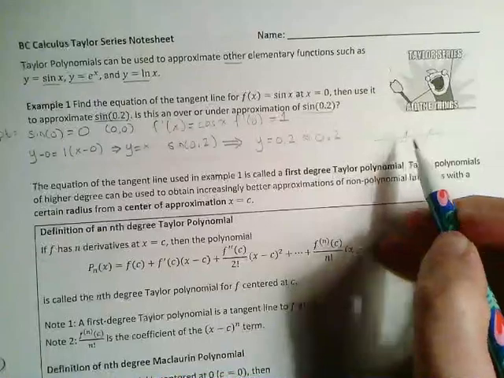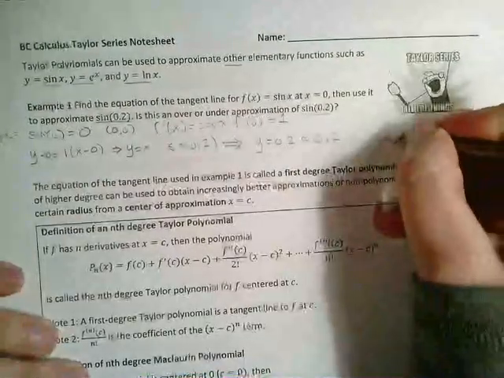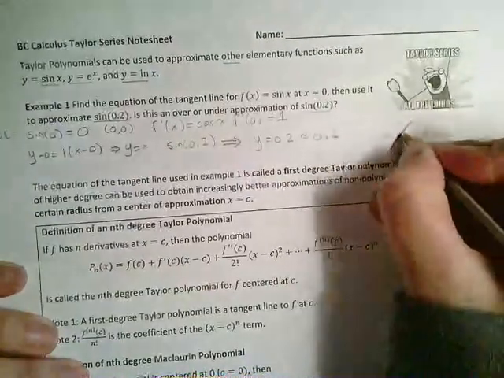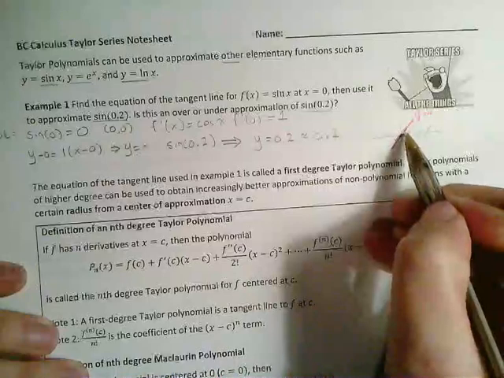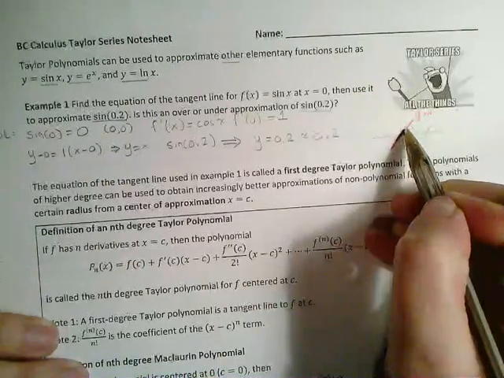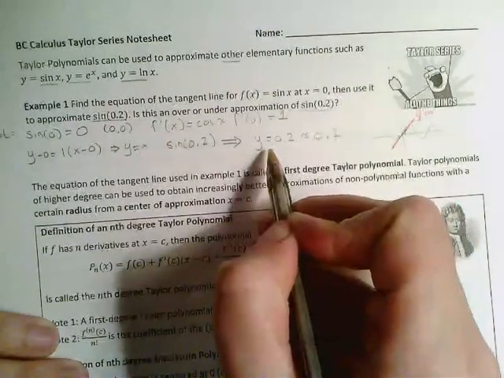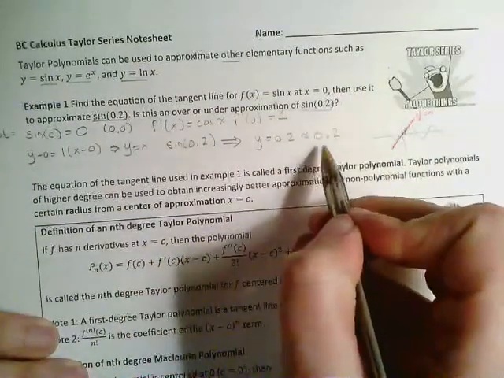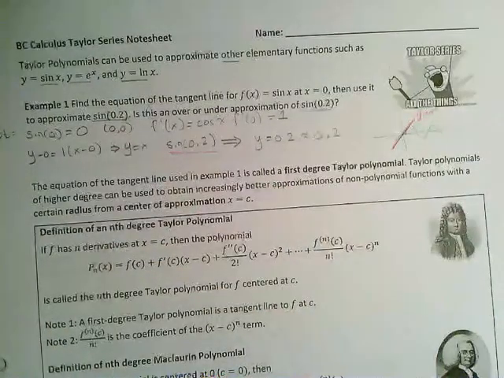So this is the whole idea. It's knowing that the tangent line at 0 is y equals x, and it looks like 0.2 is on that tangent line, so we're going to assume or approximate that it is. So we can use the tangent line to approximate what the value of sine of 0.2 is.